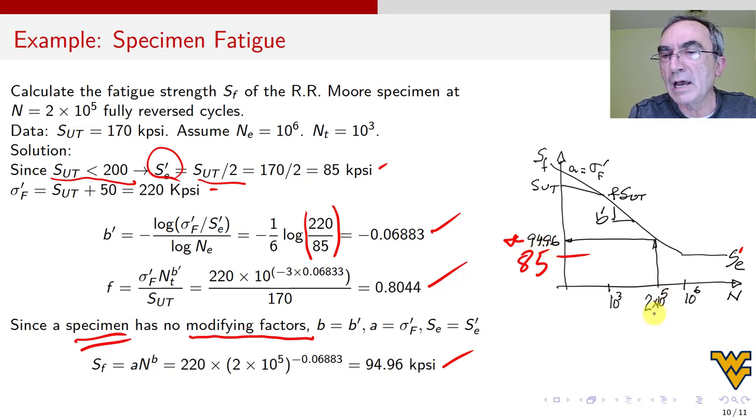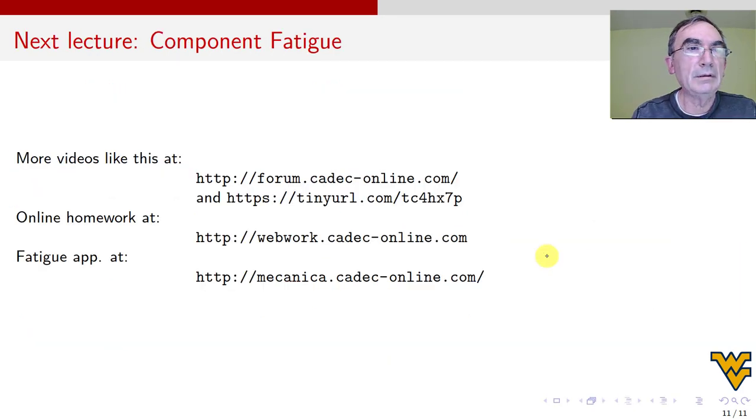Because you're asking for a lot of cycles, 2 times 10 to the 5, very close to 10 to the 6, so you cannot expect too much. If we compare to SUT, which was given to us as 170, that's a big number. So 170 drops to 85 if you go to infinite life. If you want 200,000 cycles, you can get a little bit more strength, 95, not much. So everything looks good for this example.